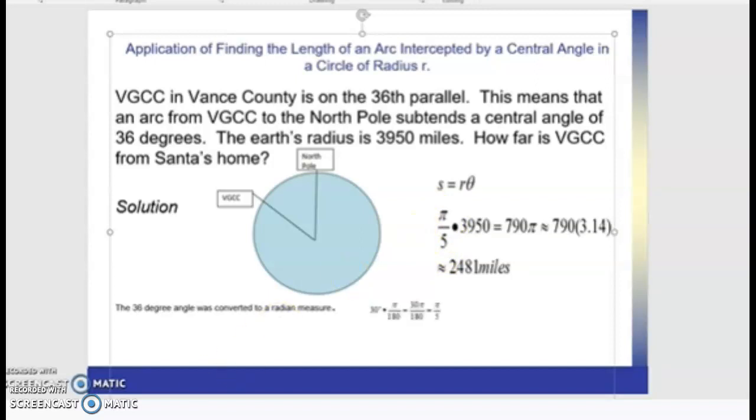As a reminder from yesterday's lesson, to convert 36 degrees to radians, you would multiply 36 degrees times pi over 180 degrees.